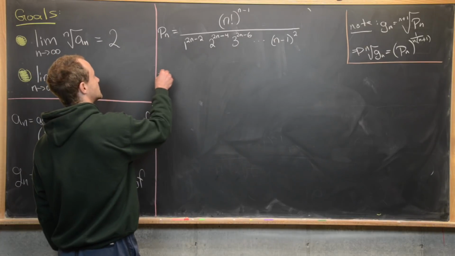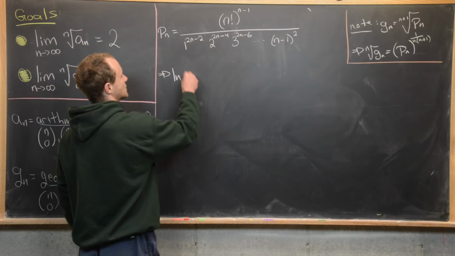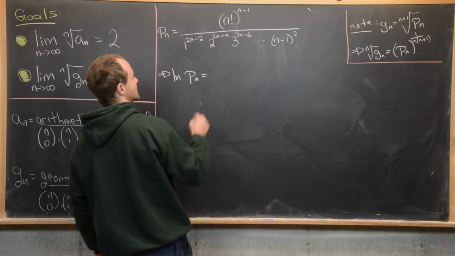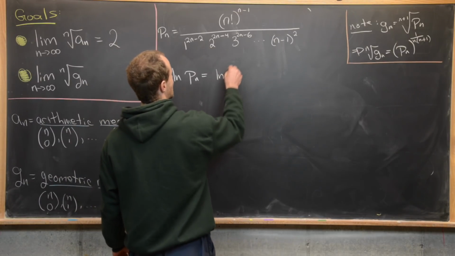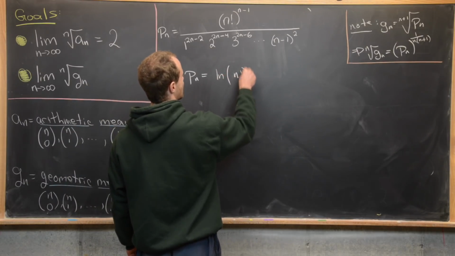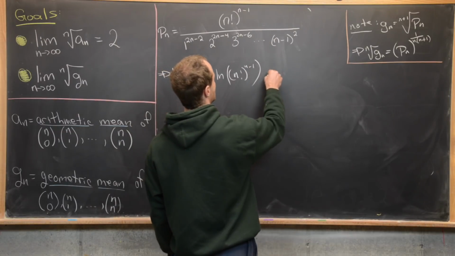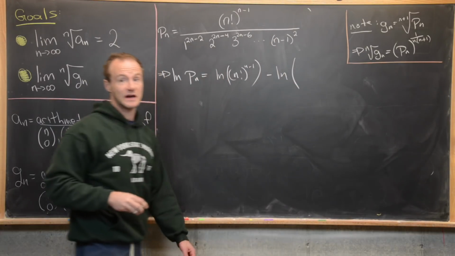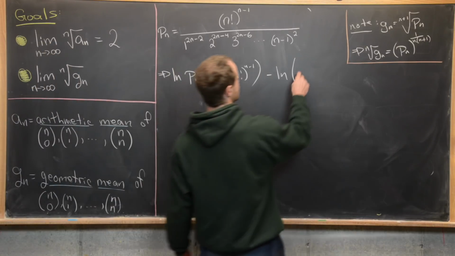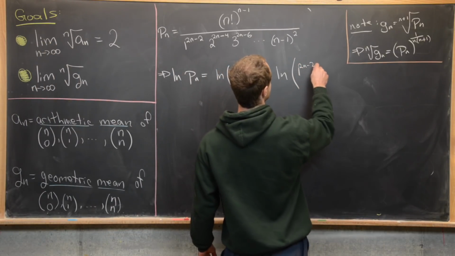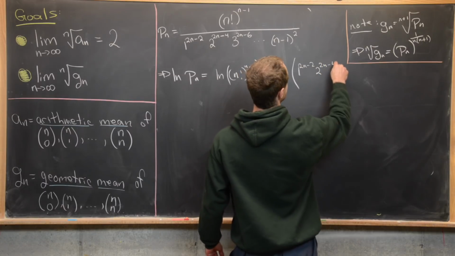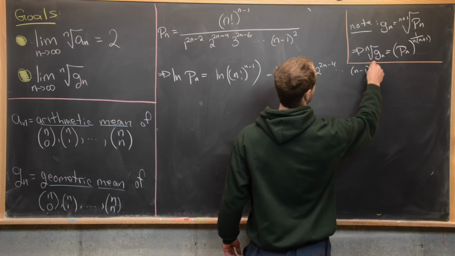So let's go ahead and do that. So I'll take the natural log of p sub n, and notice that that is going to give me the natural log of the numerator, which is n factorial to the n minus 1, minus the natural log of the denominator, which is all of this stuff. So I'll have 1 to the 2n minus 2, 2 to the 2n minus 4, all the way down to n minus 1 squared.